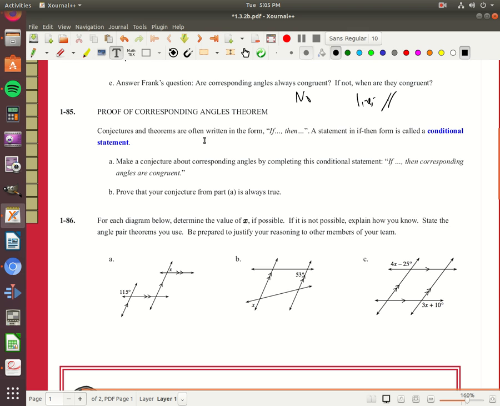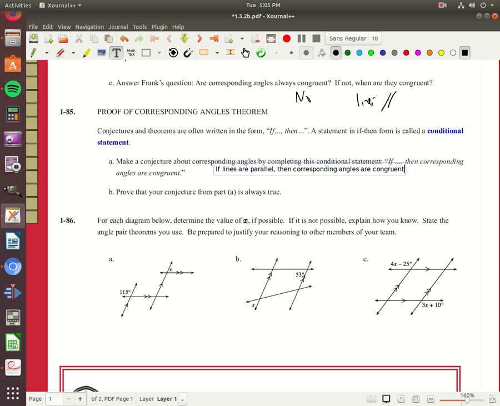So my if-then will be: if lines are parallel, then corresponding angles are congruent. That will be my conjecture. That seems to make sense for what I'm seeing here, but the lines have to be parallel for the corresponding angles to be congruent. So prove your conjecture from part A is always true.